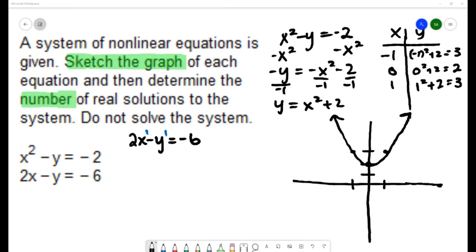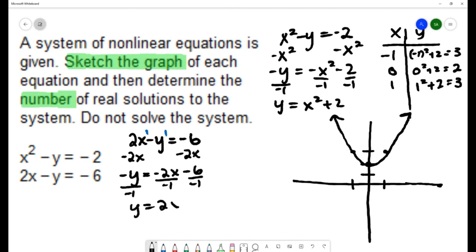So just like last time, we want to rewrite the equation in y equals form. So I'm going to subtract 2x, and we get -y equals -2x minus 6. I'll divide by -1, and I have y equals 2x plus 6.